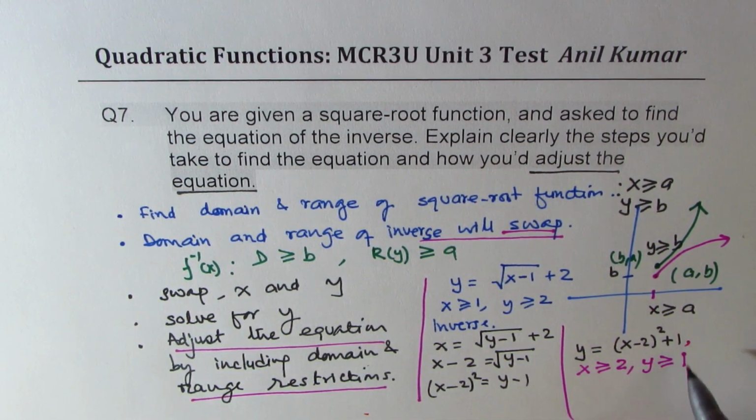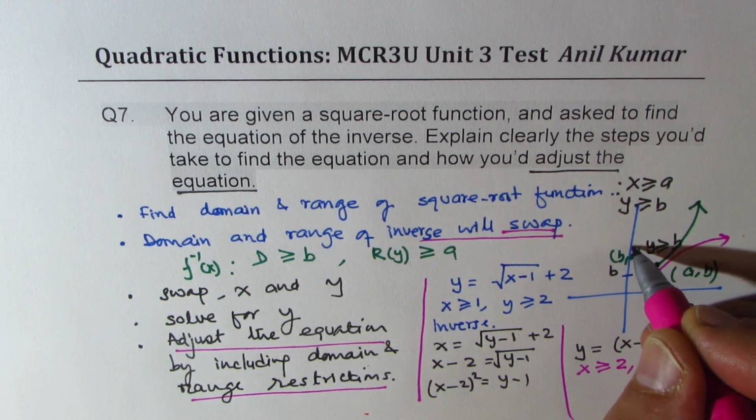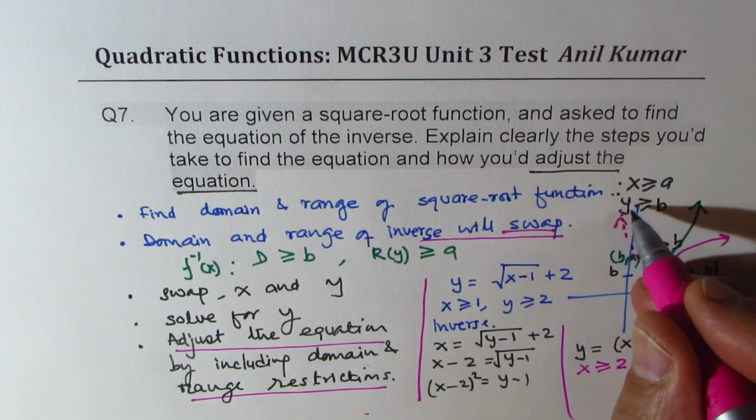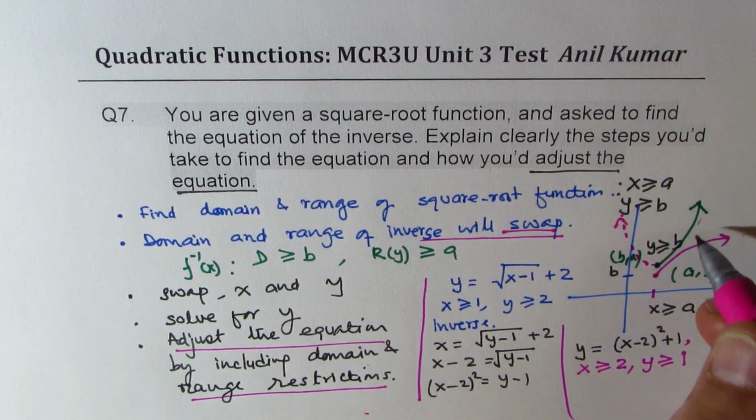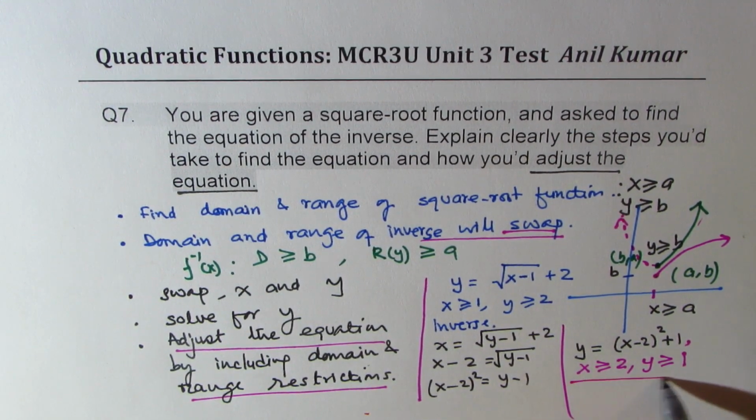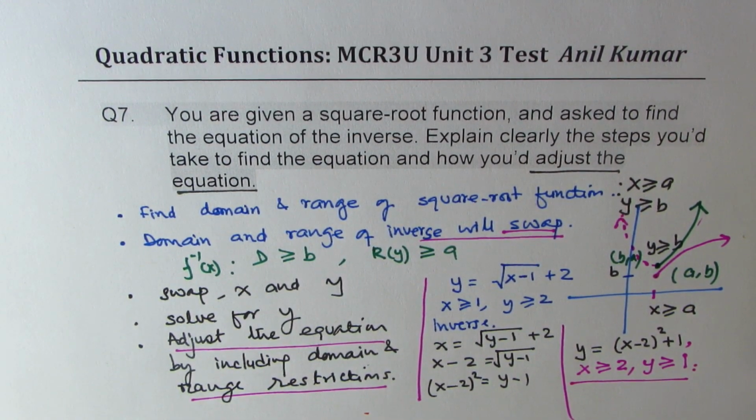So it is not just a parabola, because the parabola is going to be like this. We are not taking the left part, we are only taking the right side of the parabola by making this restriction. This is a very important thing which you have to highlight when you communicate about the procedure of finding inverse of square root function. So I hope that is absolutely clear.